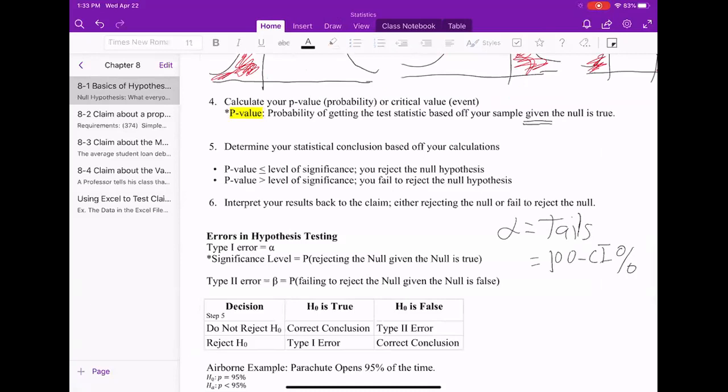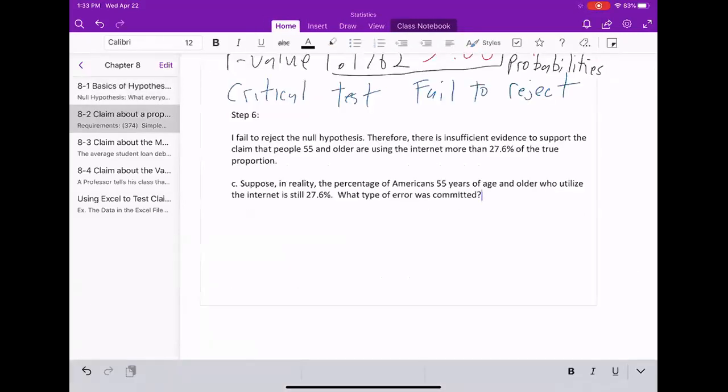However, if the value has changed in reality, we just didn't get it in our statistical sample, then we made a type 2 error. So I'll go back to here, my type 2. What type of error may we have committed? We may have made a type 2 error. And again, we will not know if we made an error or not, because we don't know fully if the null is true or not.